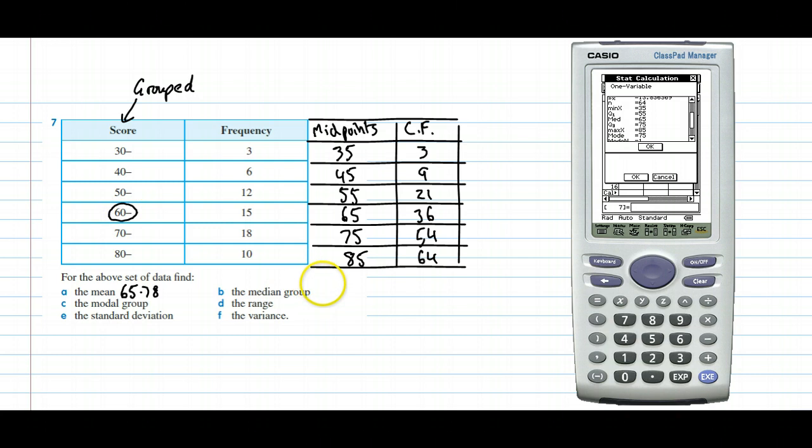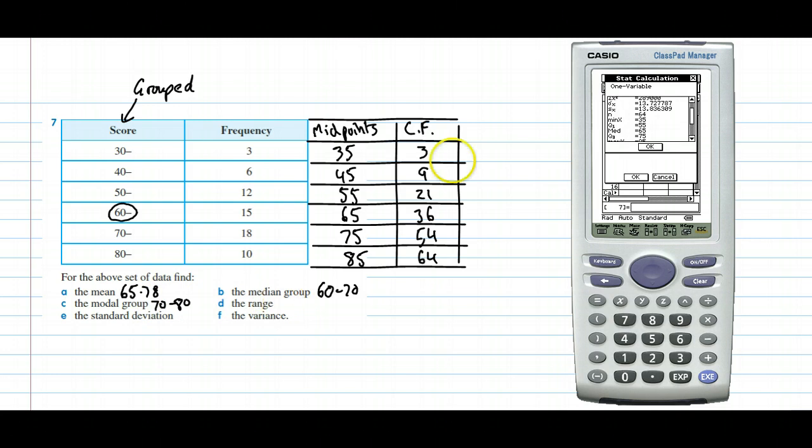So the median group is the group 60 to 70. The modal group, the calculator says, is the group containing the midpoint 75. So it's the group that contains the modal midpoint, and that group is 70 to 80.